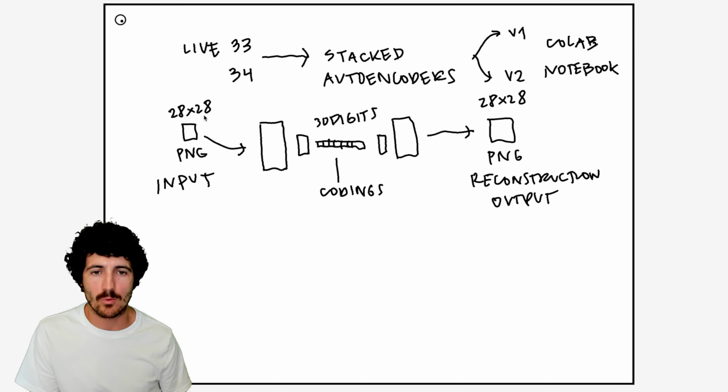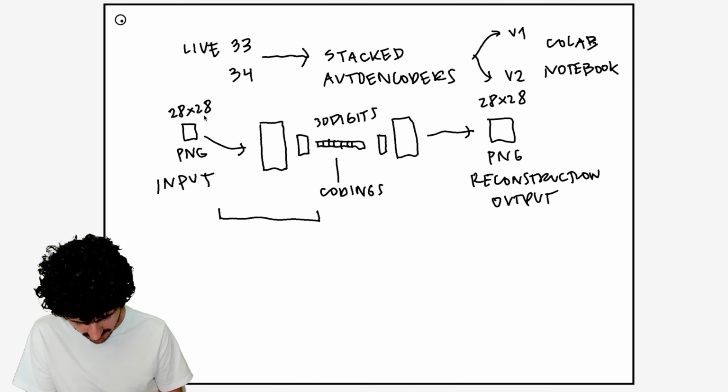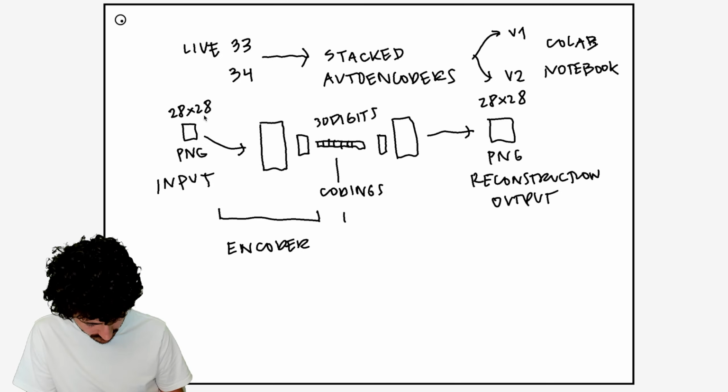What we try to do here is to train this part, which is an encoder, and this part here, that is a decoder.